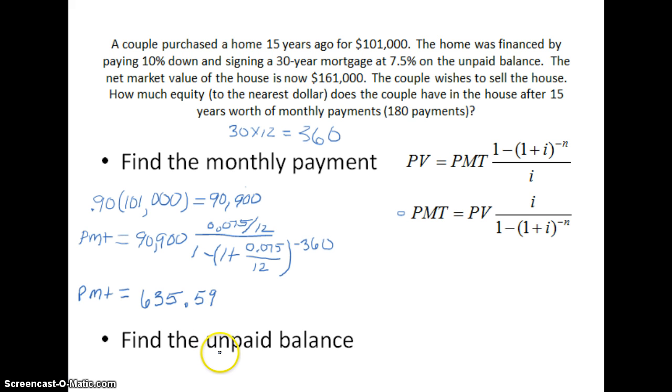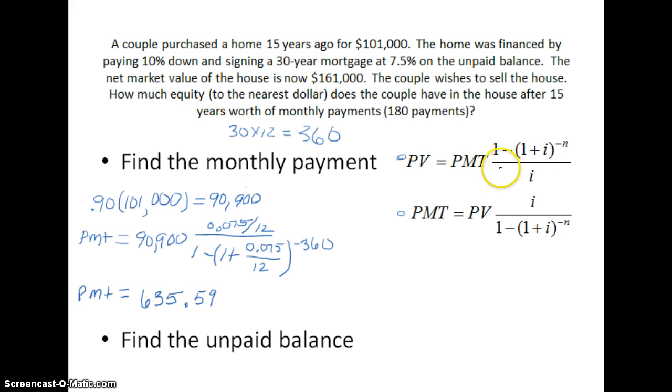Now, the second question that we're asked is to find the unpaid balance. So we know what payments they're making. We want to know what is left on this loan. So in order to do this, we're going to use the present value formula. So this formula up here, now we know the payment amount, and so we can substitute all of the values into this formula.